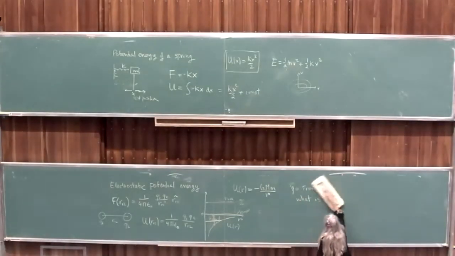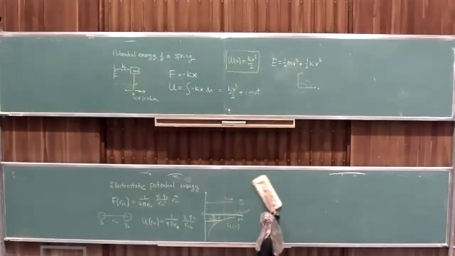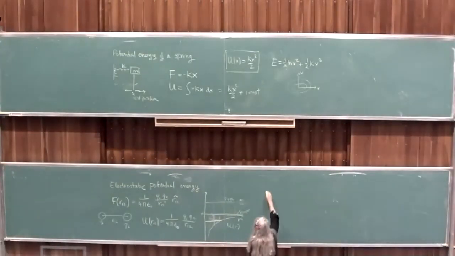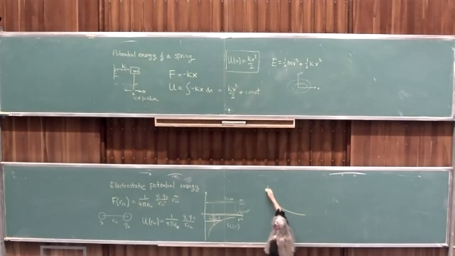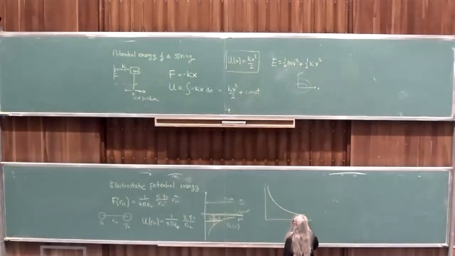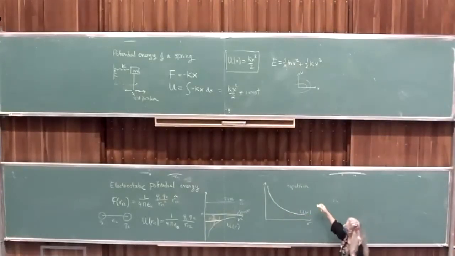What does this picture look like if we have a repulsion? And I can ask things like, what if I send them approaching each other?